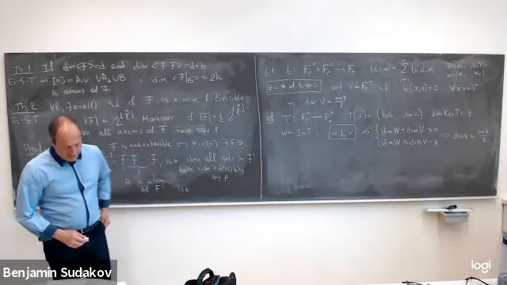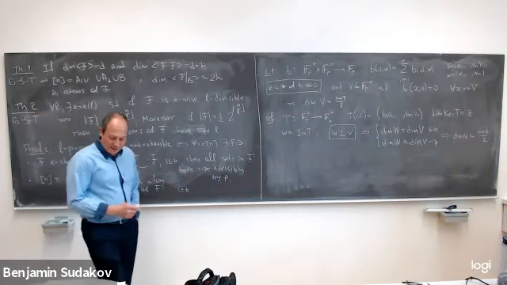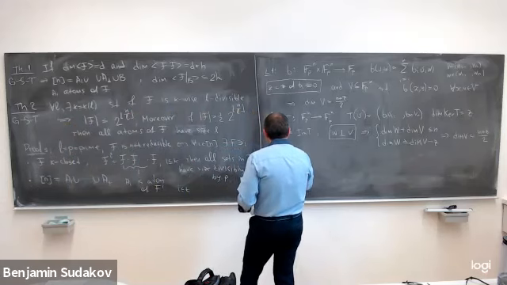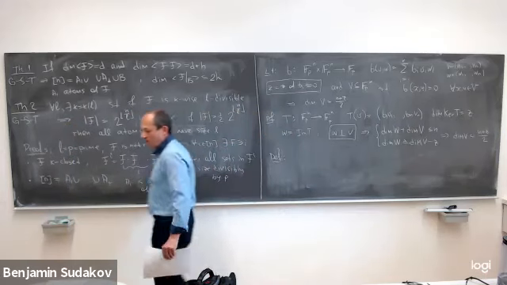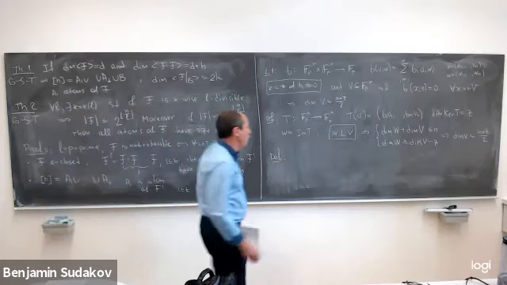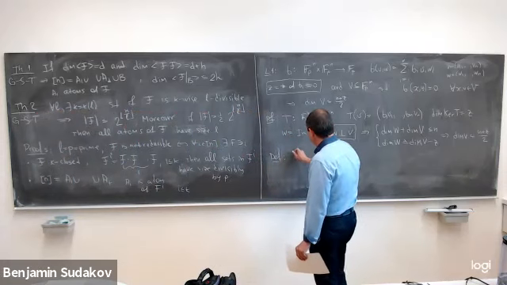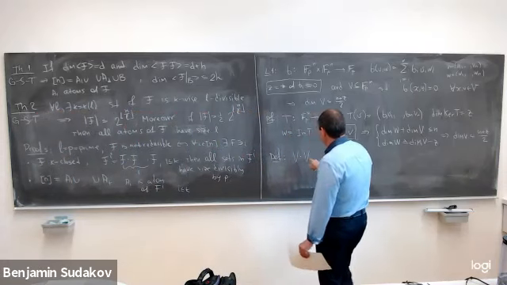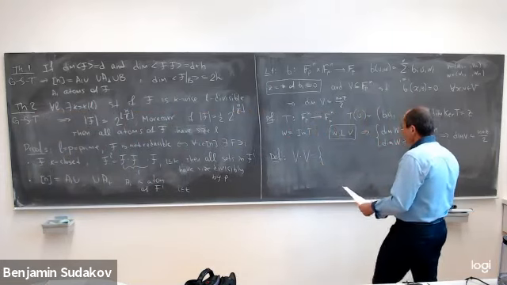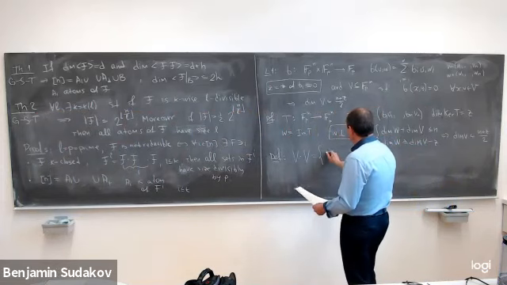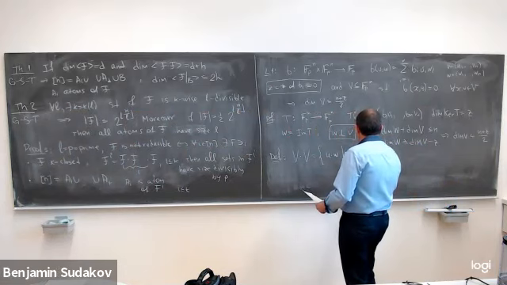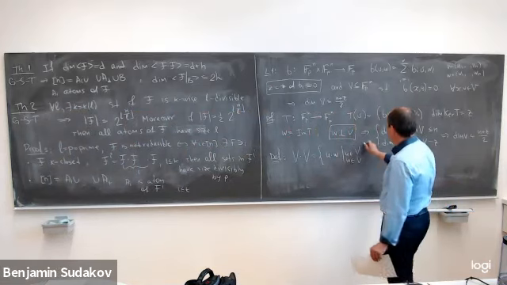So now I need another lemma, and before I write it, let me remind you of the same definition for vector spaces which I have for such systems. I have an operation on a vector space, which I call product, but this is not a product in any usual sense. I define V times V as a new vector space such that all its elements are u dot w, where u is a vector in V and w is a vector in V. And what is this u dot w?